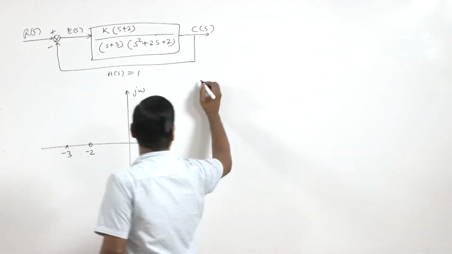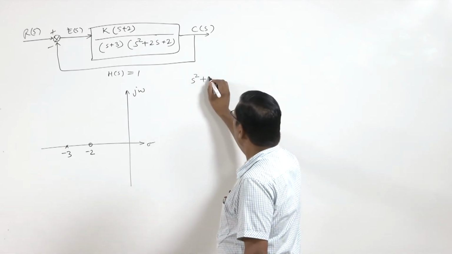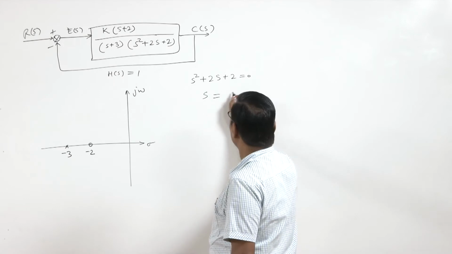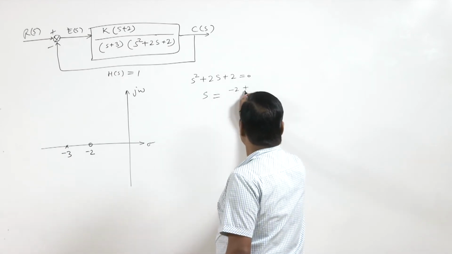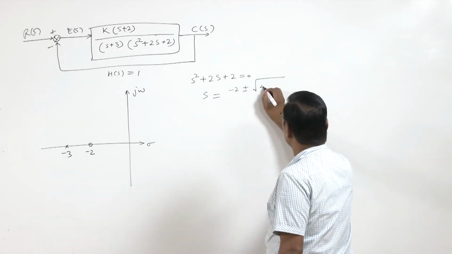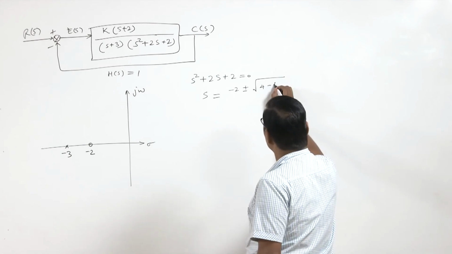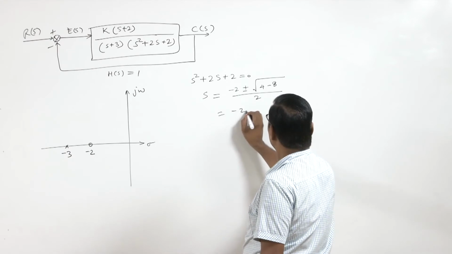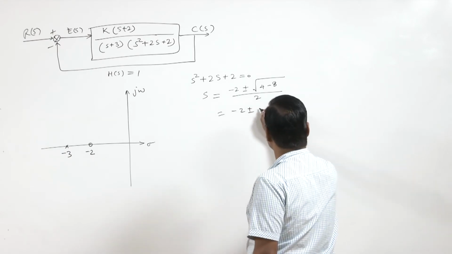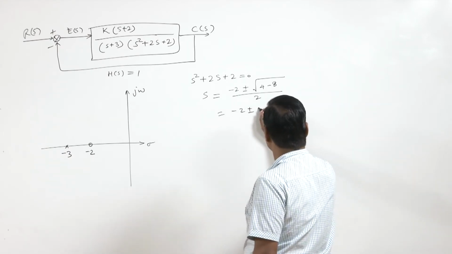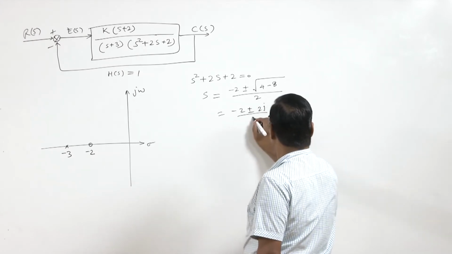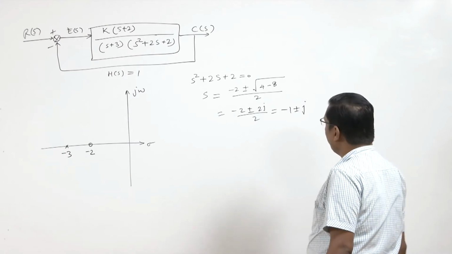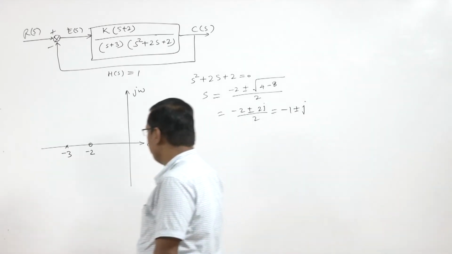So we put s square plus 2s plus 2 equal to 0, and we get s equal to -1 plus or minus j.